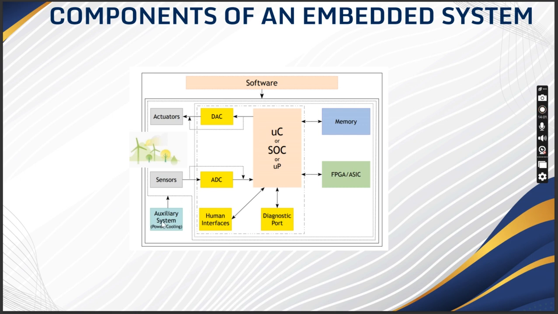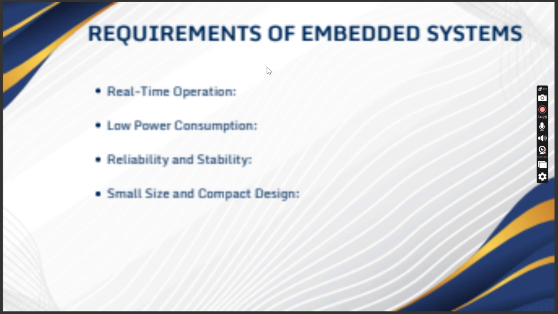The auxiliary system provides the necessary power and cooling to ensure proper operation. Next is the software. The entire system runs on software that dictates how data is processed, stored and used to control the outputs. Okay, that is the components of the embedded system.